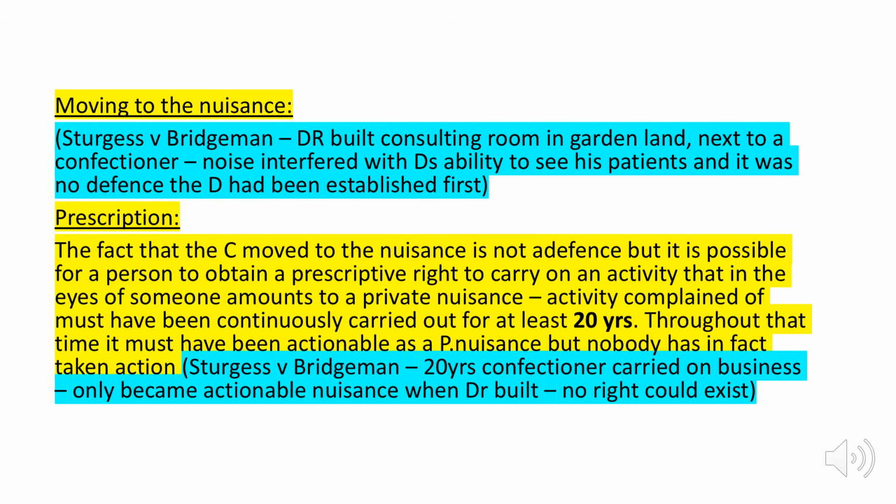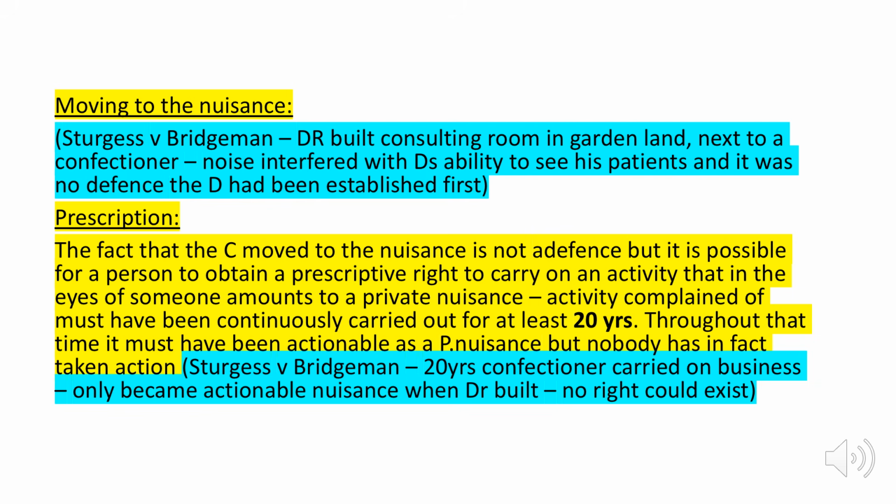You've also got coming to the nuisance. So Sturges v Bridgman: a doctor built a consulting room in their garden next to a confectioner. The noise interfered with the doctor's ability to see his patients, and it was no defence that the confectioner had been established first. You've also got prescription.